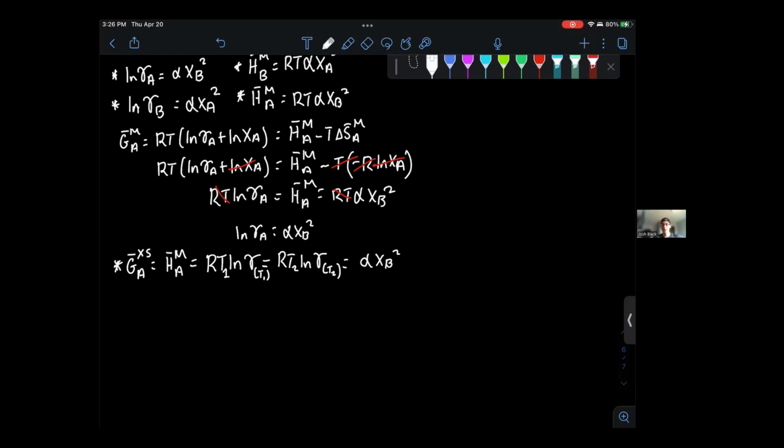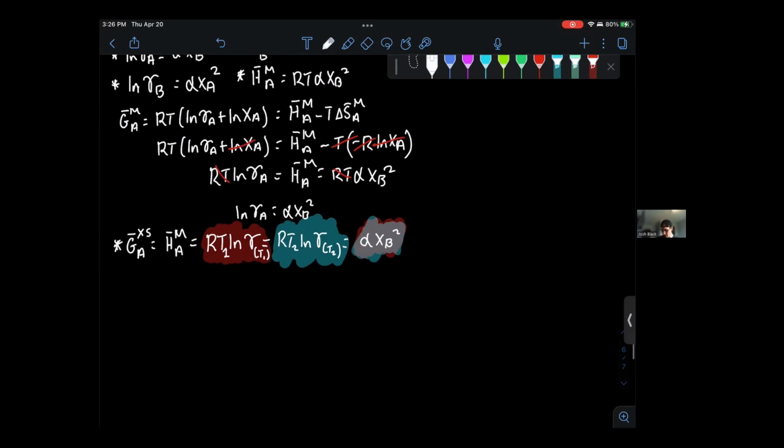Okay, now let's put two different temperatures in. If we have T1, we're going to have a gamma at T1, and we know that enthalpy is equal to alpha XB squared. Now, if we were to change the temperature, our gamma would change. But if we keep the composition the same, that's also going to be the same for this.